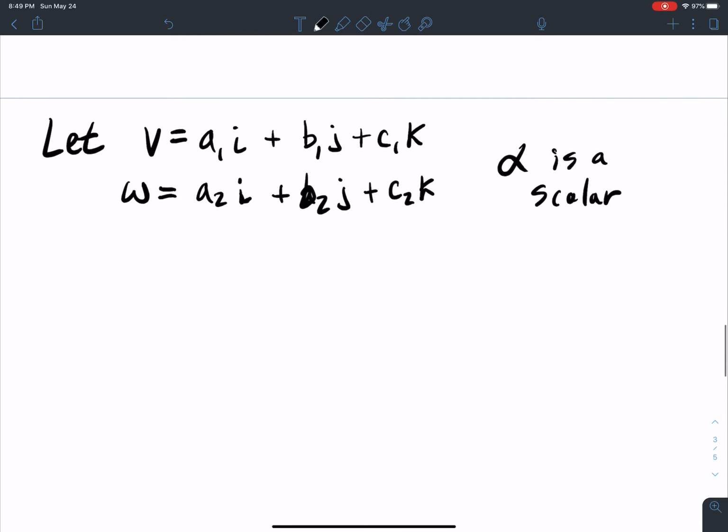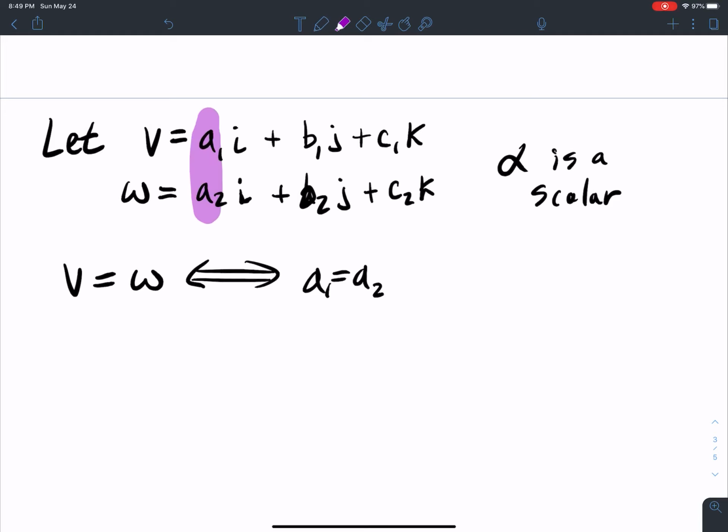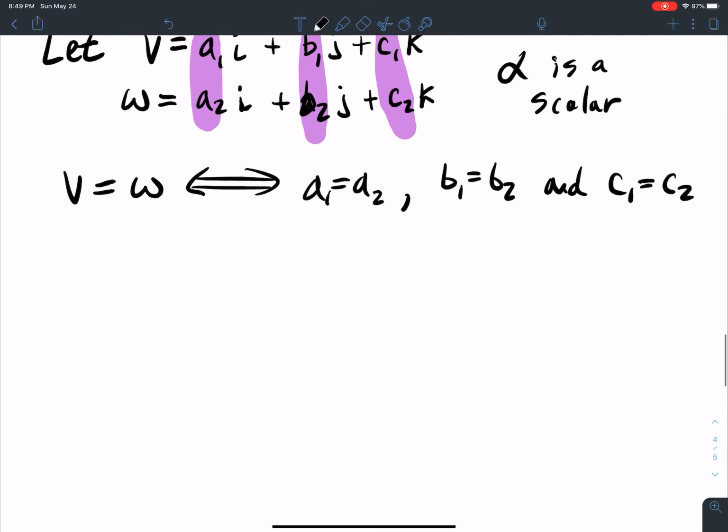Well, v equals w if and only if a1 equals a2. So these components are the same, those components are the same, and those components are the same. b1 equals b2, and c1 equals c2. All three have to be true. Okay? And then they're the same vector.